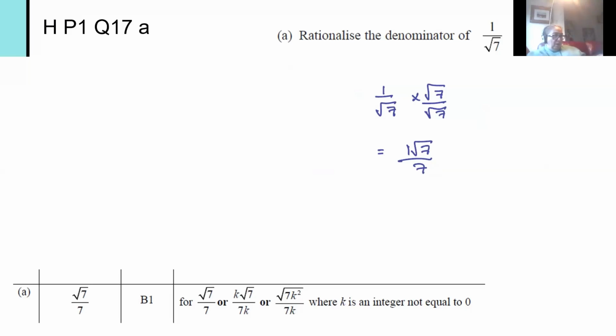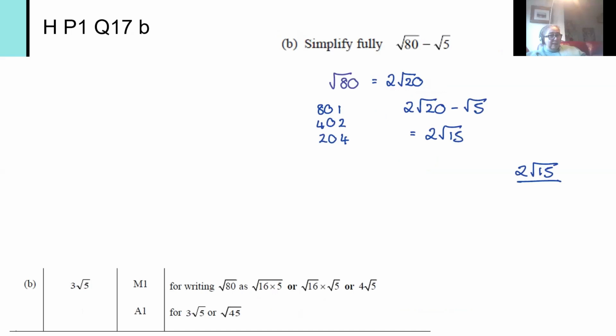There's only a few more on the higher paper. Worth knowing that we will accept, or was accepted, that 1 square root 7 is correct. We all know that. So then 8 as 2 root 20 scored no marks.